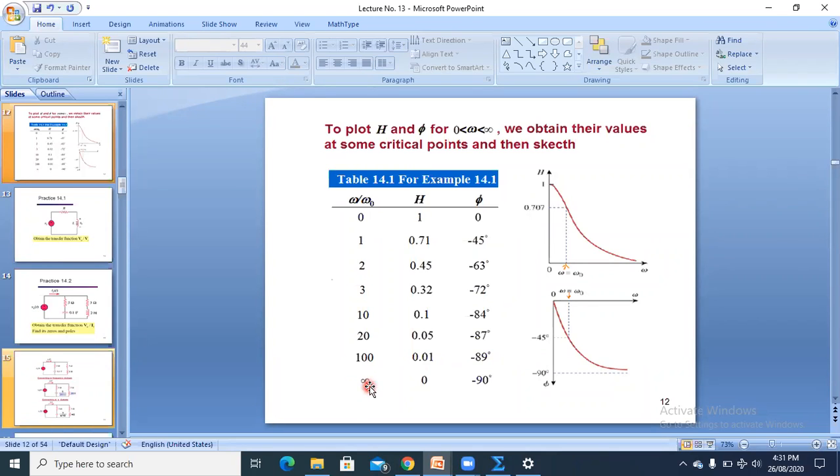And at infinity, it reaches 0 and the phase reaches minus 90 degrees. So you can see that at infinity, it goes to 0 and the phase approaches minus 90 degrees at this point.